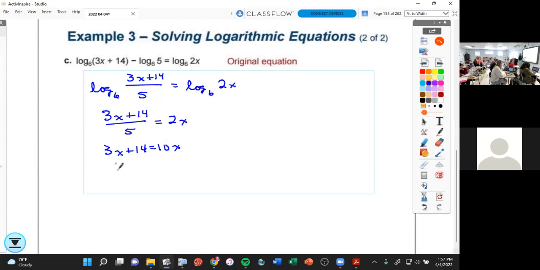Subtract 3x from both sides. Divide both sides by 7. And of course, I would want to go back, check that answer in the original. Okay. Questions on that? No, sir.